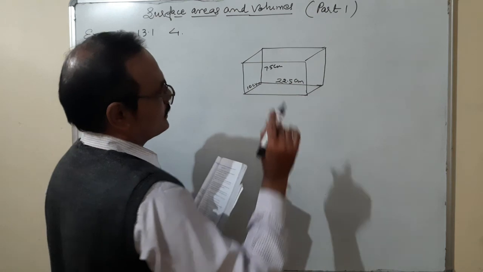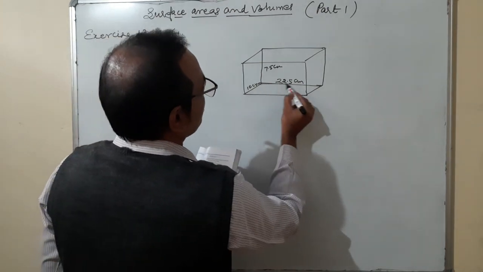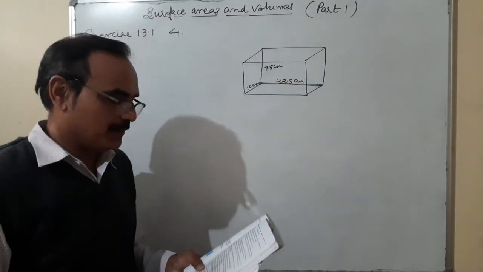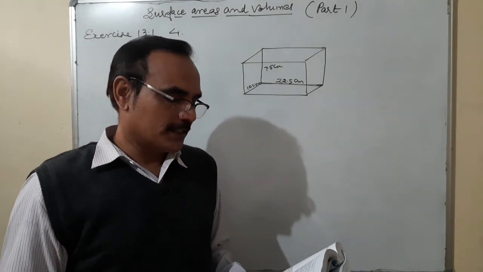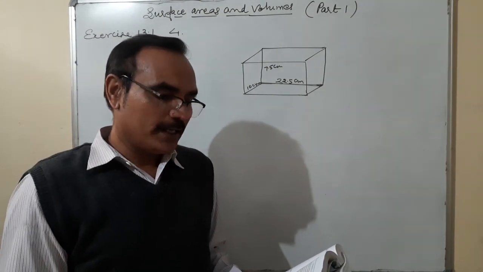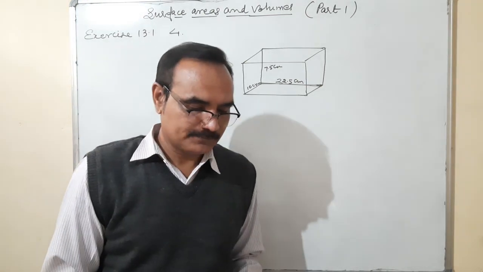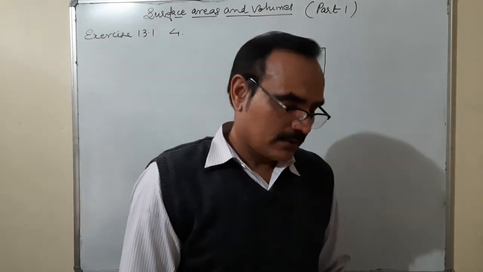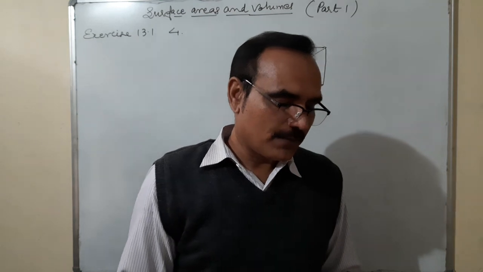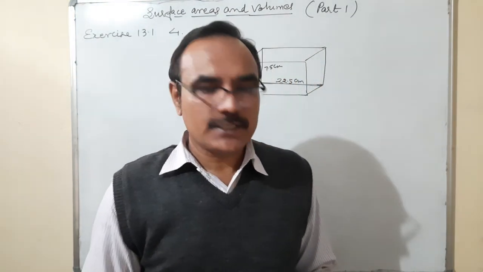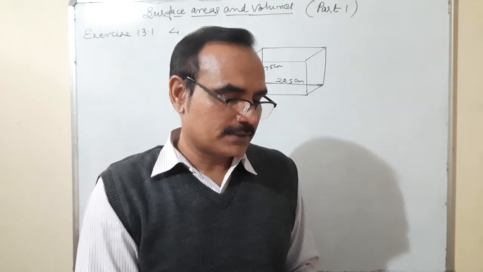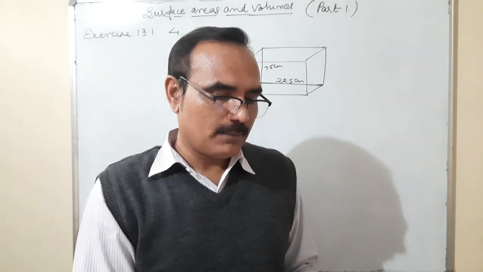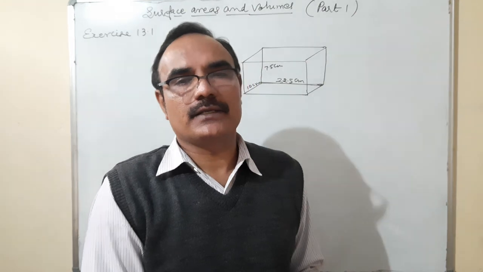All in centimeter. Can be painted out of this container, and the question is how many bricks? Right, so first of all, we have to find the total surface area of one brick, and they are asking how many bricks can be painted out of this container.